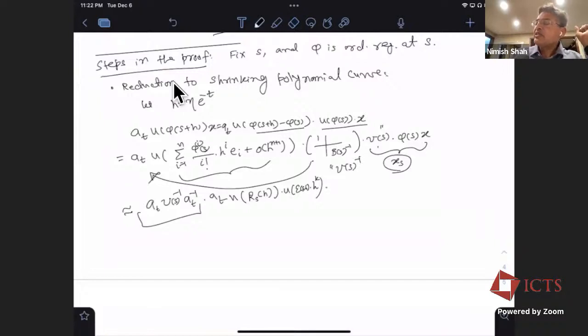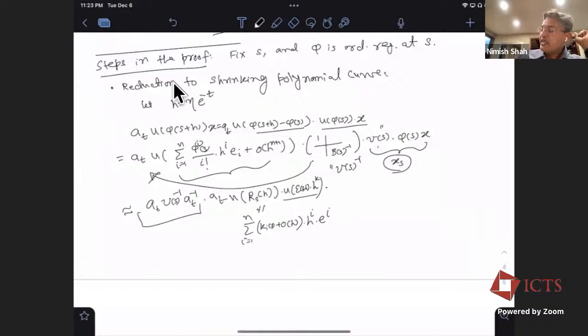And times XS, all of this is XS. And I take it on the other side. So you do some kind of conjugation, and this Rs of H will actually look like a summation of KIS plus some little o of H times H to the power i, i equal to 1 to N.